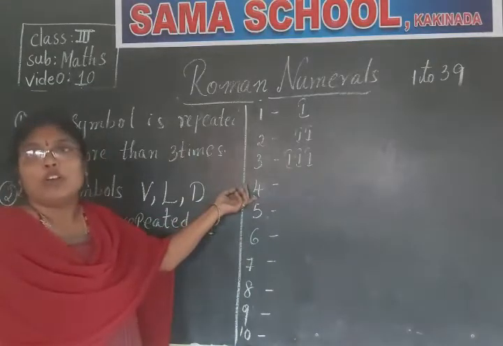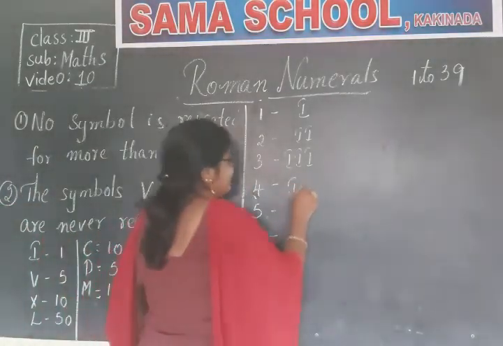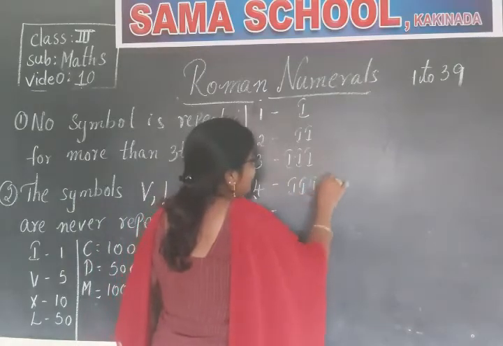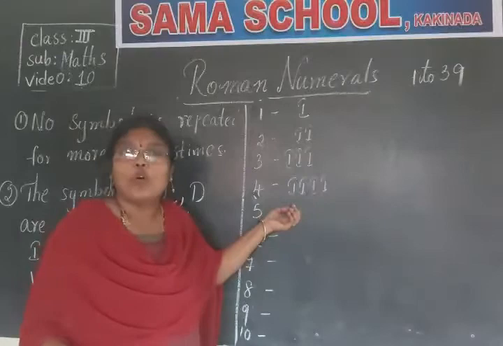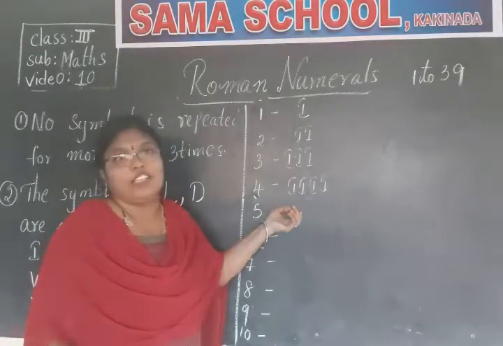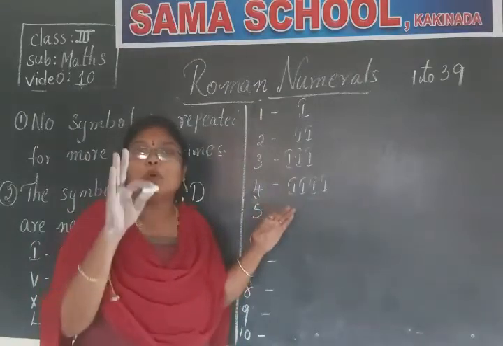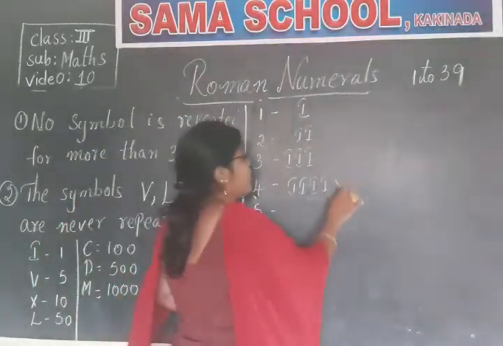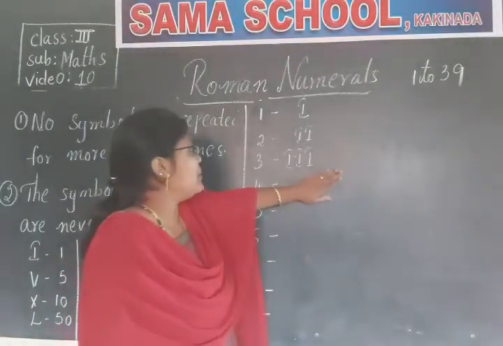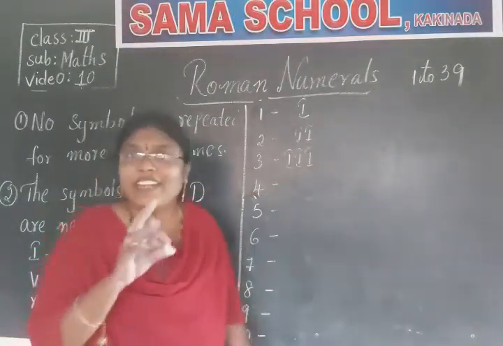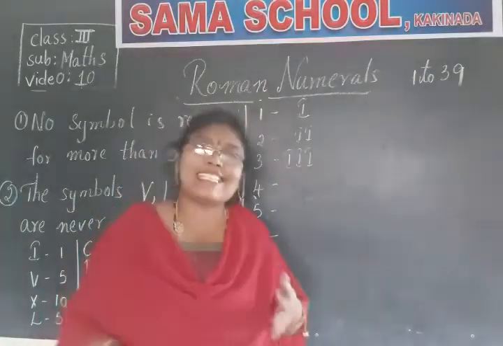And 4. What is for 4? Can we write four I's for 4? No, we cannot write four I's because we have learned in rule 1 that no symbol is repeated for more than 3 times. So, it is wrong. So, how will we write the number 4? To write number 4, we will take the help of the next symbol.